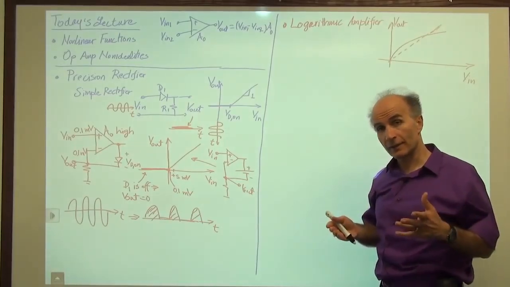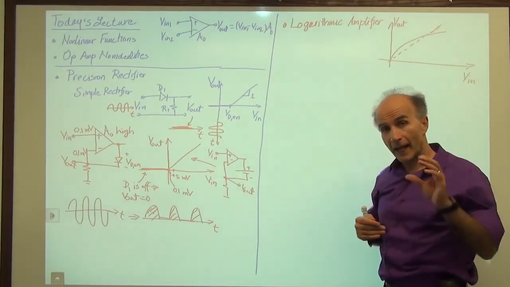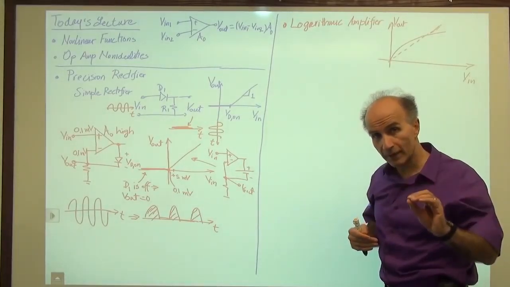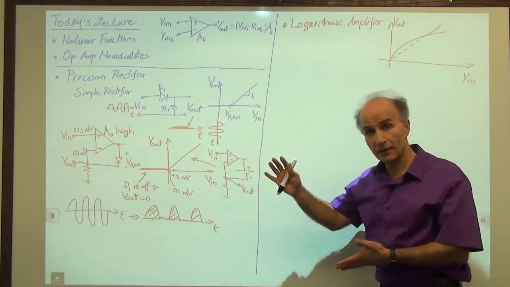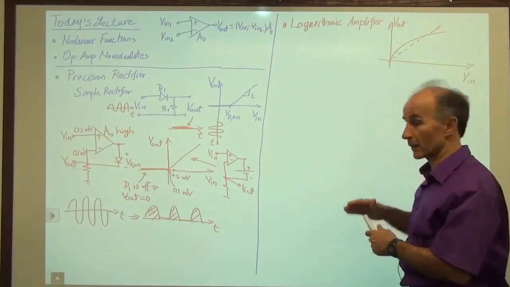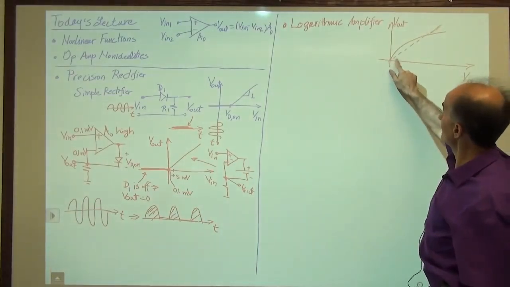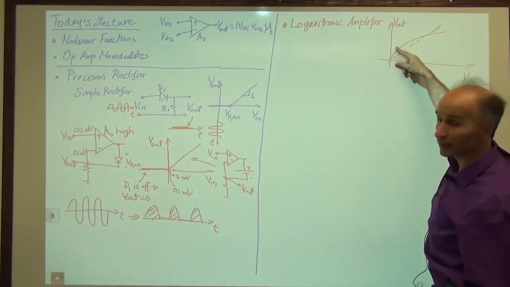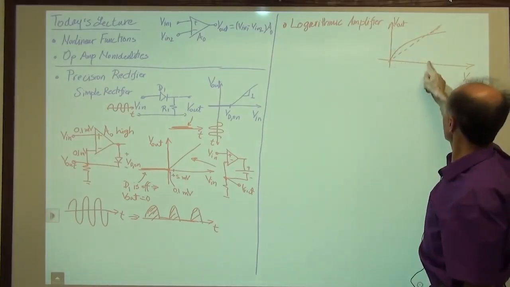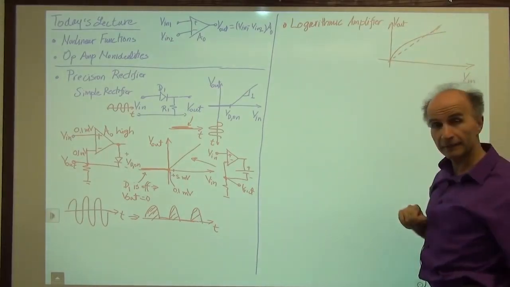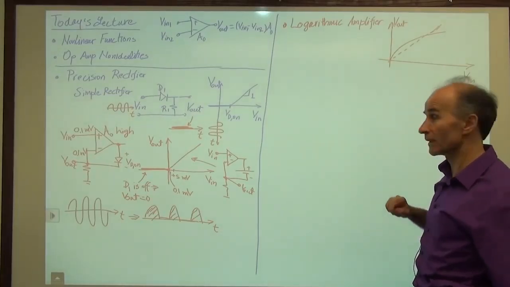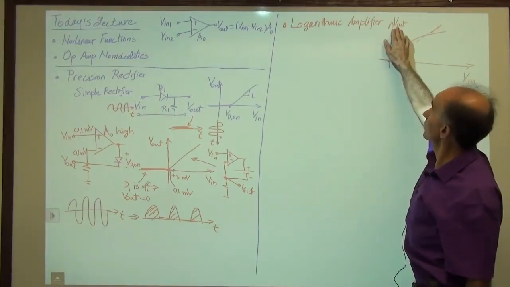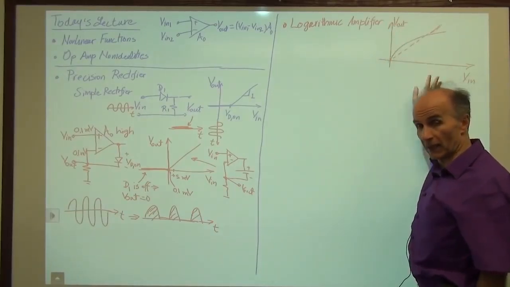In some applications, what we would like to do is amplify smaller signals by a larger amount, and amplify larger signals by a smaller amount. And that's what it does. If you have a small signal coming in here, we have a larger gain. If we have a large signal coming in here, we have a smaller gain. All right? So let's see what kind of circuit can give us a logarithmic relationship between V out and V in.